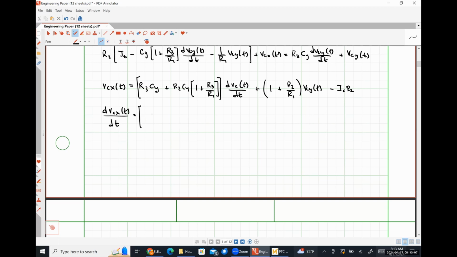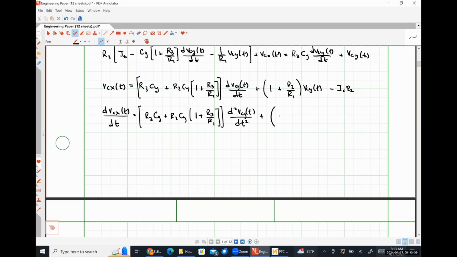So that'll give me R3 CY plus R2 CY times 1 plus R3 over R1 times the second derivative. Sorry, this should be VCY here. VCY with respect to time.